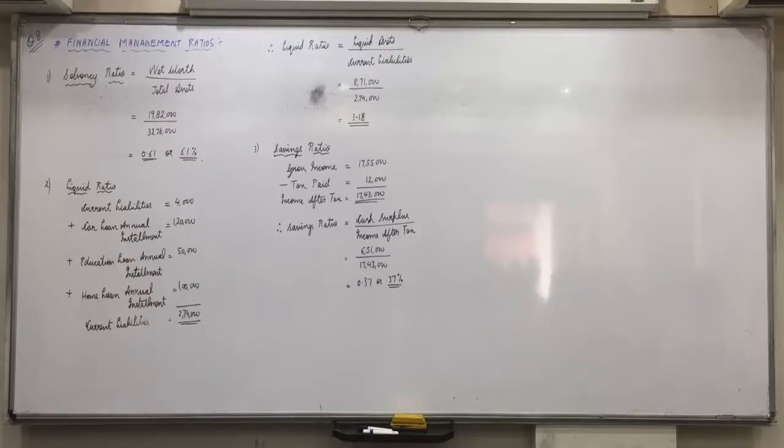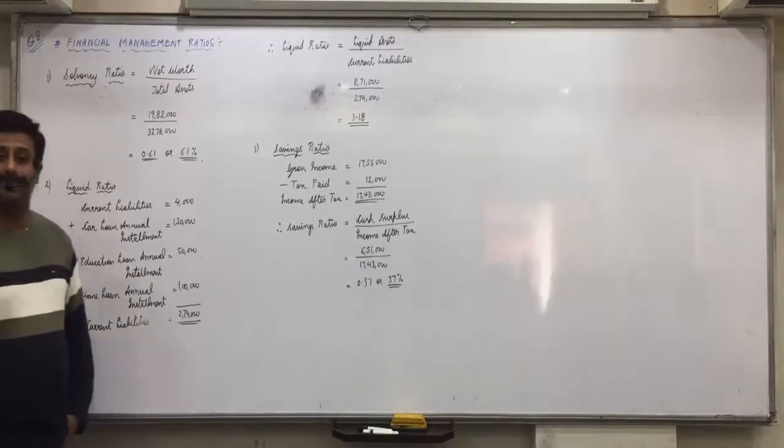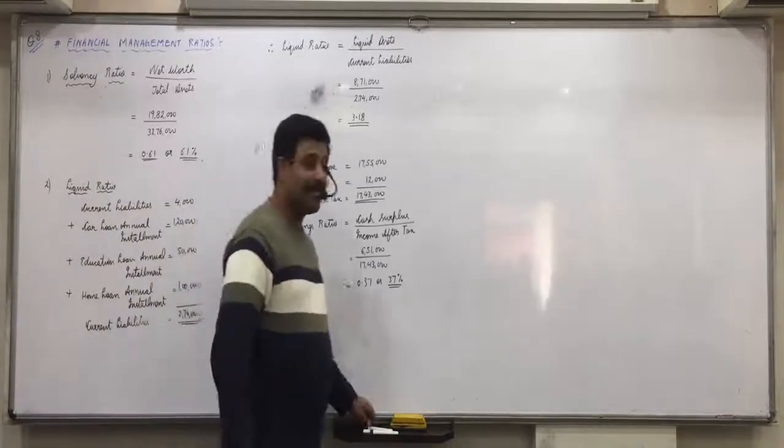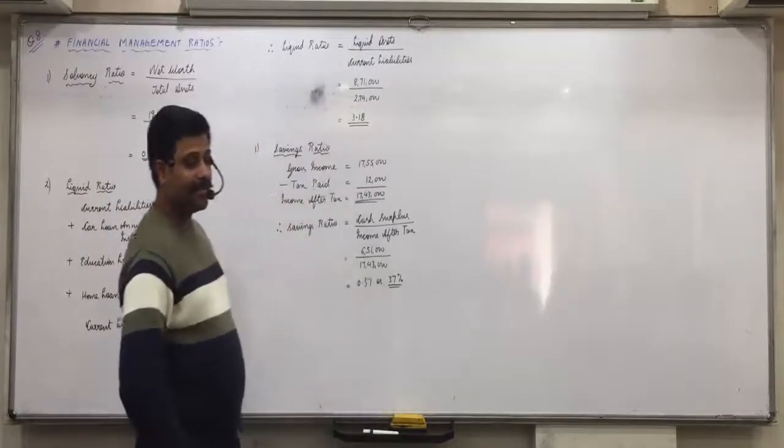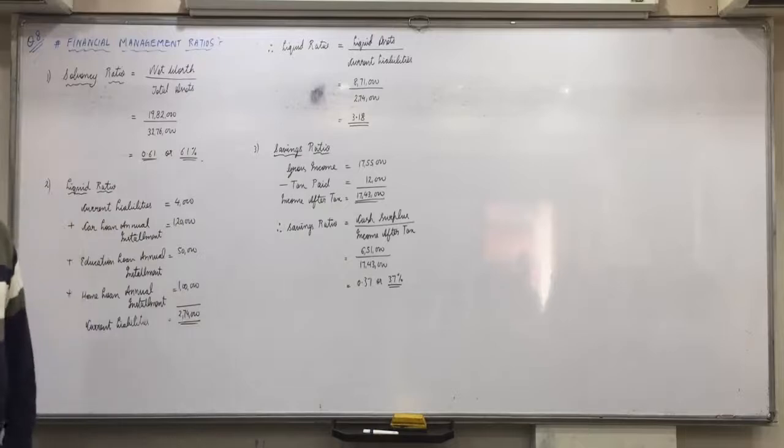Now, last one. Shalini, debt service ratio, what is the formula? Monthly loan payments divided by gross monthly income.